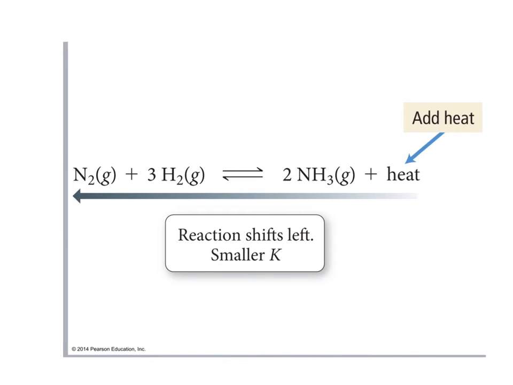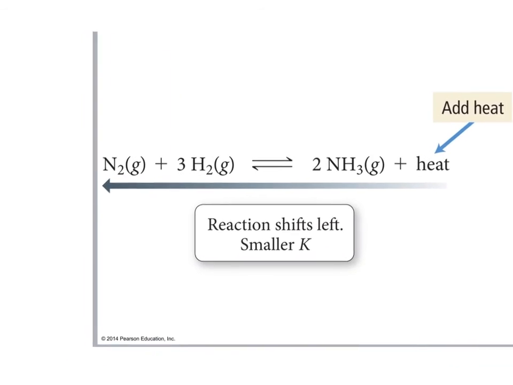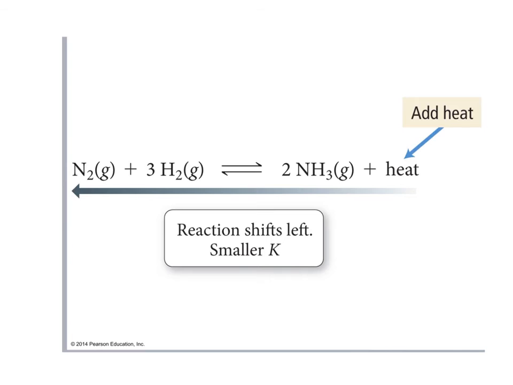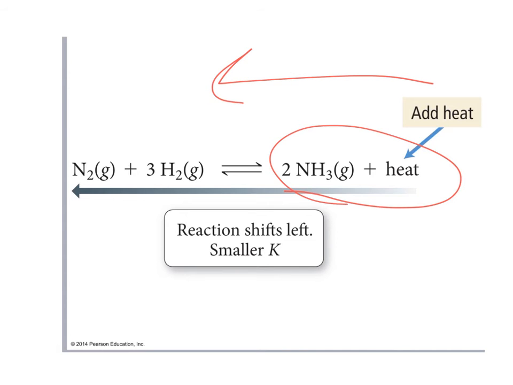So we can add in some other things to this, and we can say heat is given off in this reaction, and so we treat heat in a similar way as we treat the product. And so heat is on the product side, and if we add heat to this system, it's going to end up shifting it towards reactants.